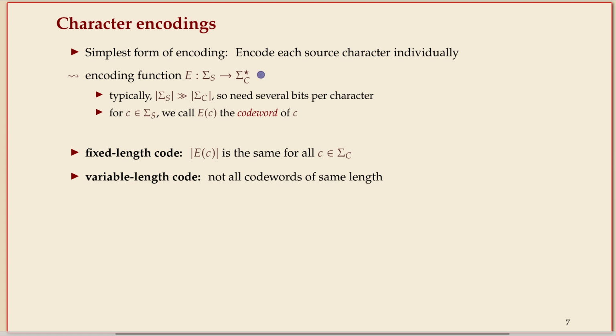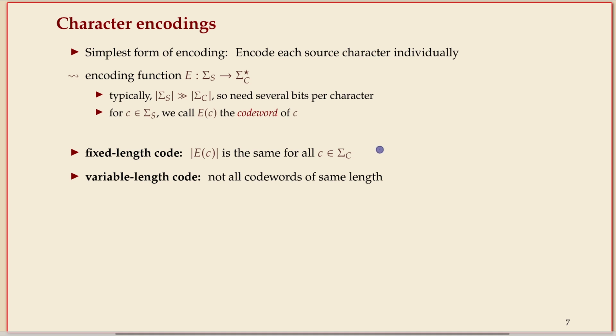And the coded alphabet, often we want binary. So we need to map one character to a whole string of characters in the general case. What we get if we apply this encoding function to a letter, we call the code word for that letter. Think about that as bits.